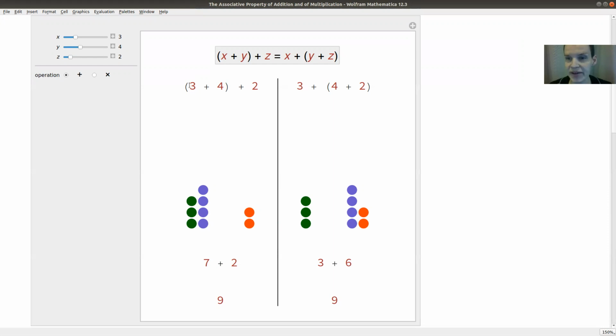The rebracketing here, 3 plus 4 in brackets plus 2, or 3 plus 4 plus 2 in brackets the other way, is obtained just by cutting those piles. We have three of them on a line, and you cut them at a different position. So 3 plus 4, you first add those two together, which is just shifting them next to one another, and then you shift the two next to it, or do it the other way.